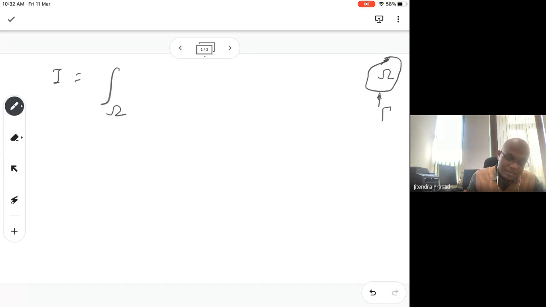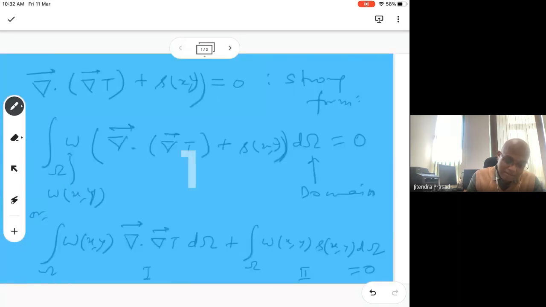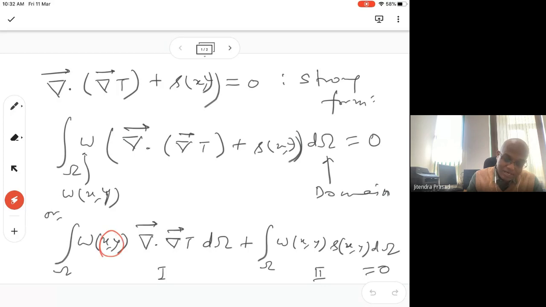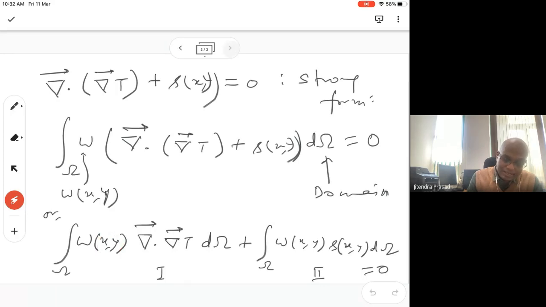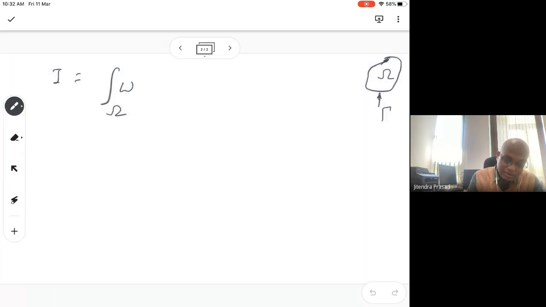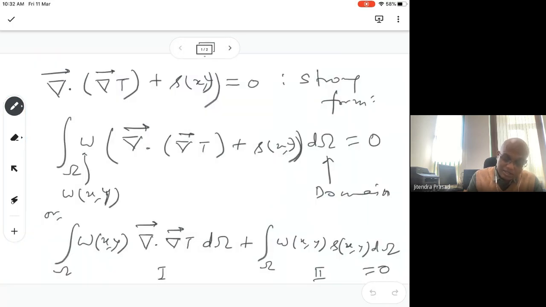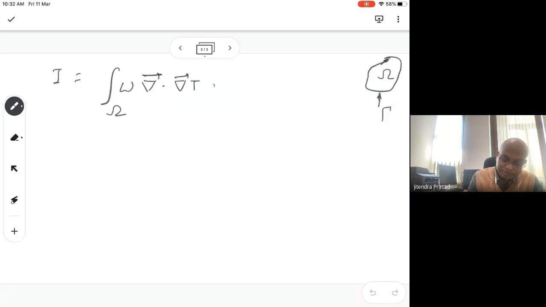Okay, now you write W. I'm not writing it as a function of x, y, we just write W only, and then we have this dot del T, and d omega, like that.